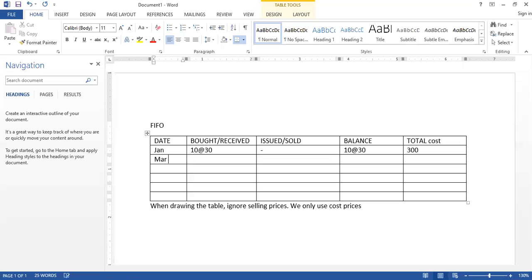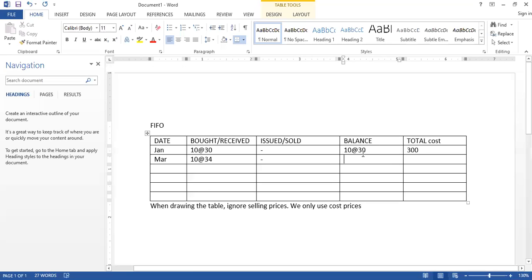So what did we do in March? In March again, we bought. How many items did we buy? We bought 10 items at the price of 34. We did not issue out anything, it's zero. When we come to the balance, please listen very carefully. What we need to do is first bring down the balance from the previous month.